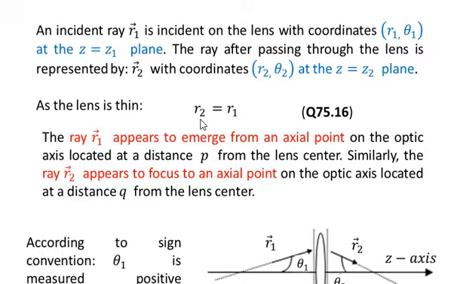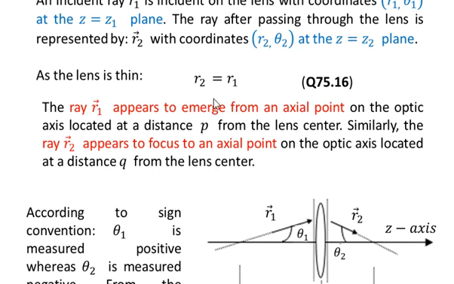So we are setting that r2 is equal to r1. An incident ray is incident on the lens with coordinates r1, theta 1 at the z is equal to z1 plane. The ray after passing through the lens is represented by r2 with coordinates r2, theta 2 at the z is equal to z2 plane. As the lens is thin, we can write that r2 is the same as r1.